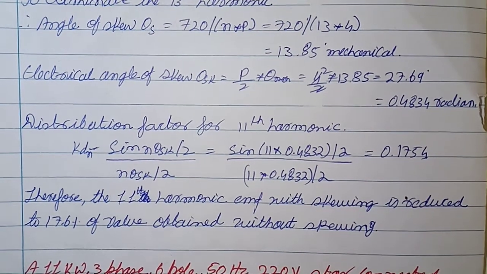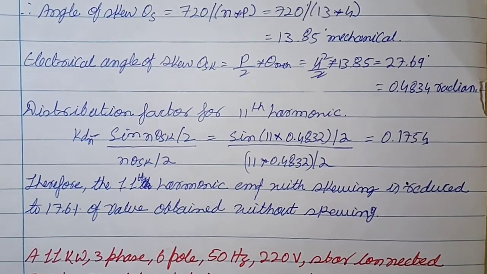Therefore the 11th harmonic EMF with skewing is reduced to 17.6% of the value obtained without skewing, almost a reduction by 82%.